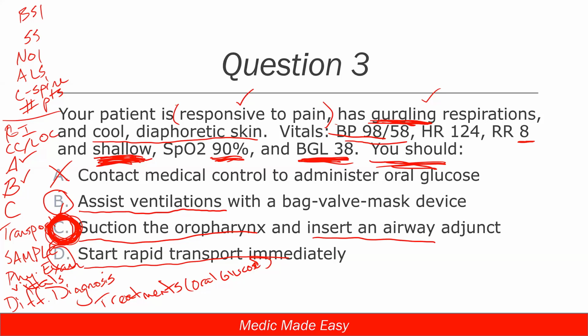And on our own, we have that medical assessment skill sheet that says I'm going to do this, then this, then this, because I'm on my own. Right? So when you're answering this question on your own, you're going to deal with the airway first, breathing second, transport third. Right? That's the way to look at those.